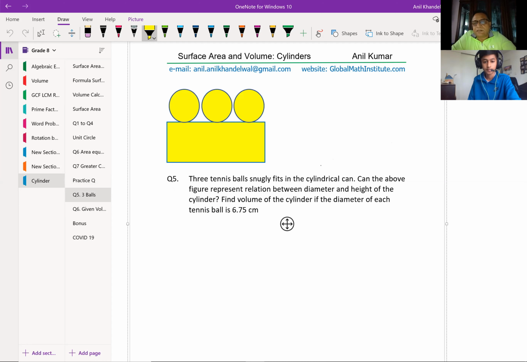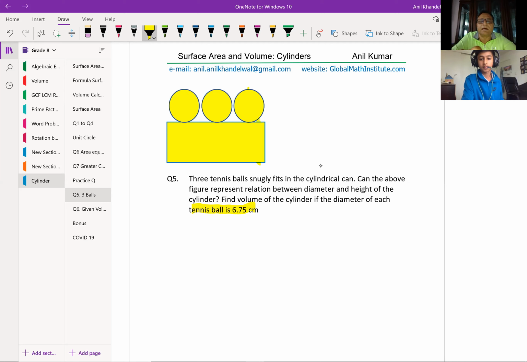So let us assume that there are 3 tennis balls in a can, where they're tightly fit in, right? Can you please read the question and answer? So we are given that the diameter of the tennis ball is given to you, right? And this will fit in like this.